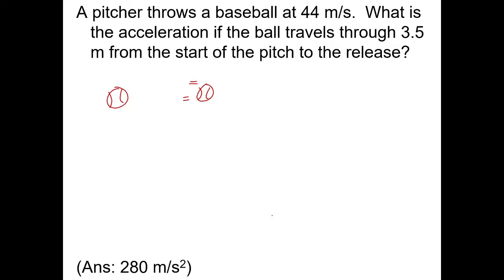So let's see what we know. We want the speed of the ball, the final speed when it leaves the pitcher's hands, his or her hands, to be 44. Let's assume we start at 0.